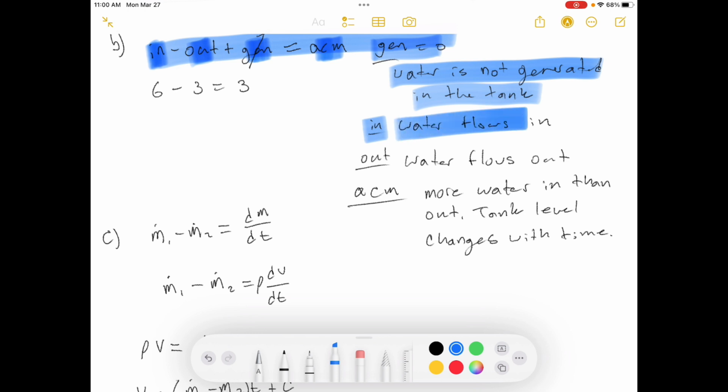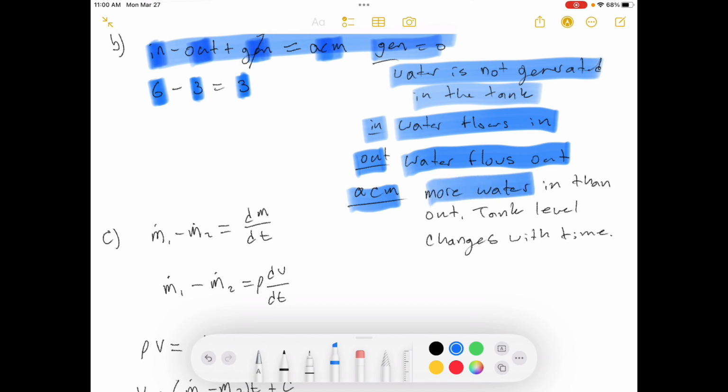The water going in is because water is flowing in. They gave that to us. Water is flowing out because they showed us how much water was flowing out at a steady rate. There is accumulation because 6 is more than 3, and so that's our accumulation term. More water in than out, the tank level will change with time. How long will the tank take to overflow?